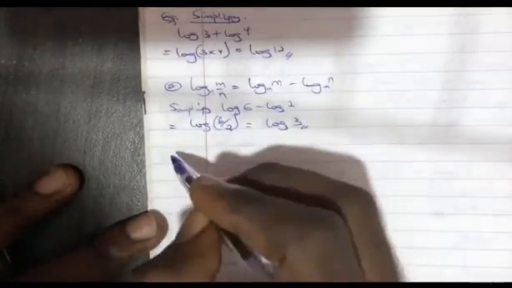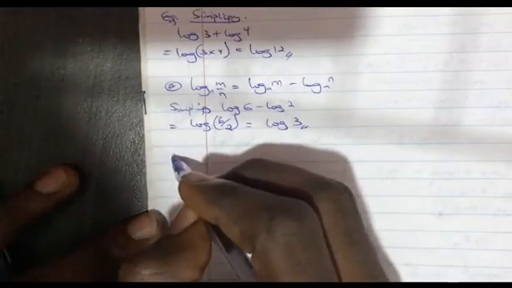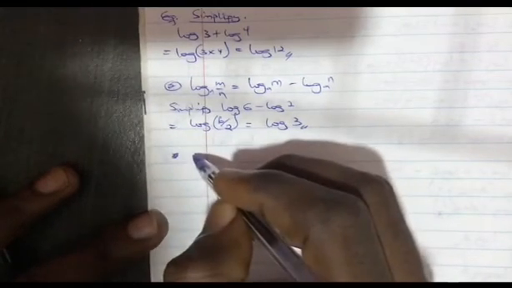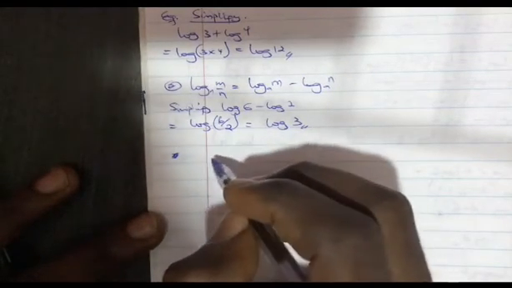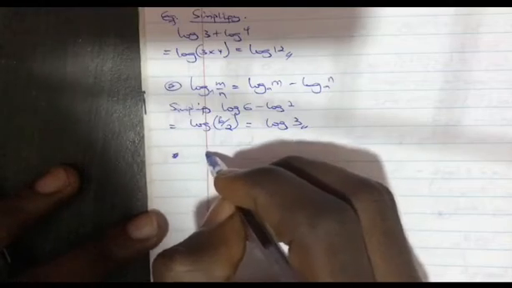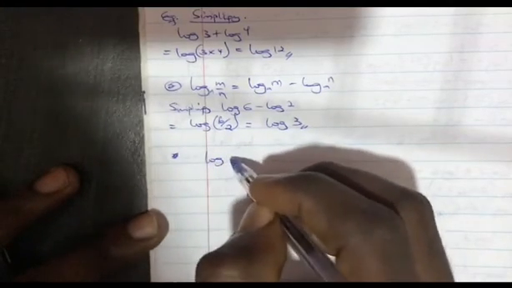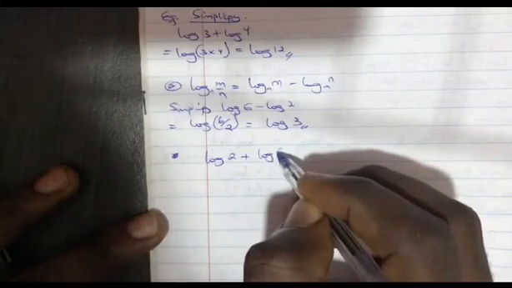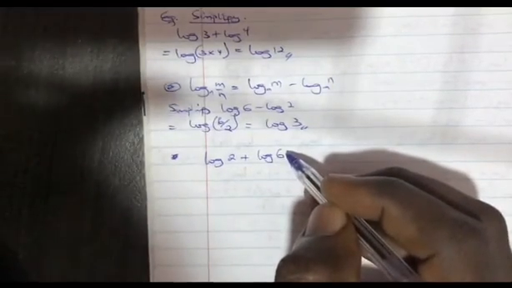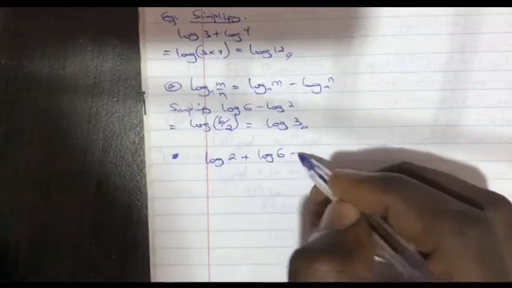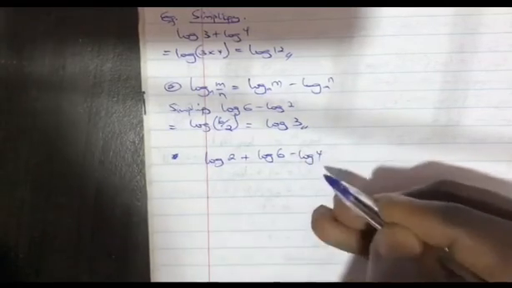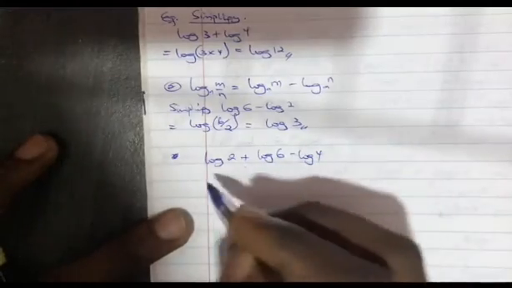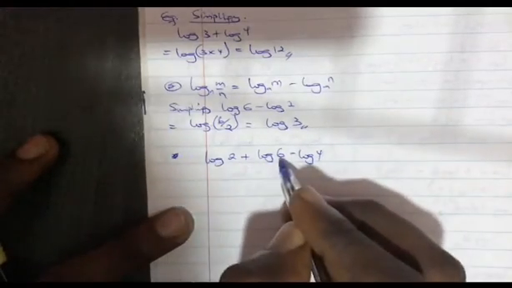Then we also look at the third law. Before the third law, let's solve this problem: log of 2 to the base 10 plus log of 6 to the base 10 minus log of 4. We have to multiply and then divide.